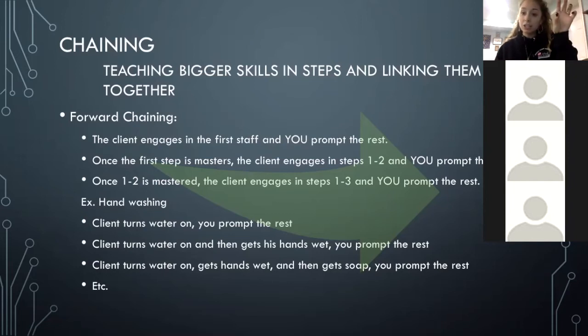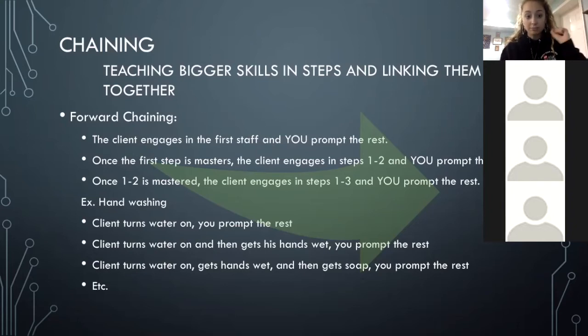So client engages in the first step, you prompt the rest. Once they master step 1, now the client will engage in step 1 and step 2. You will prompt the rest. They master those. The client engages step 1, step 2, step 3, and you prompt the rest.